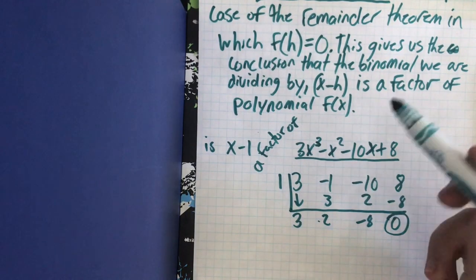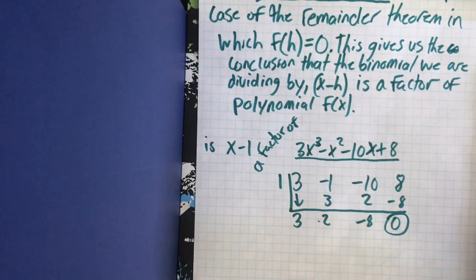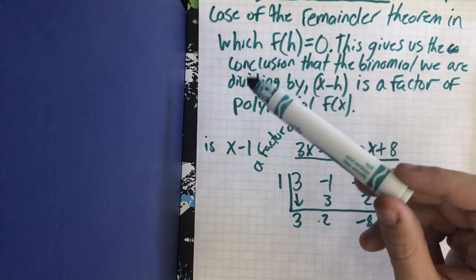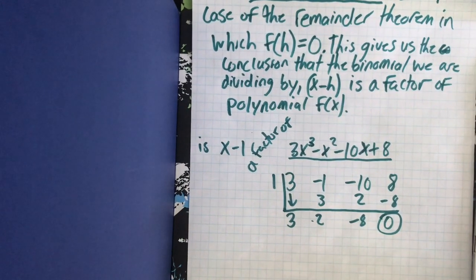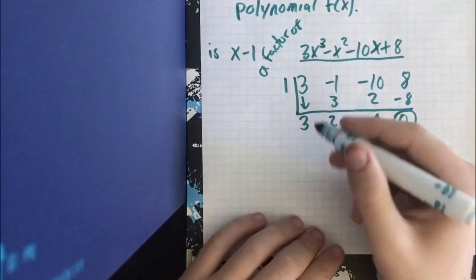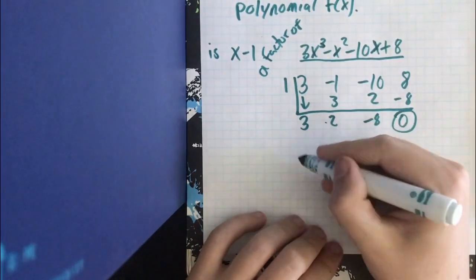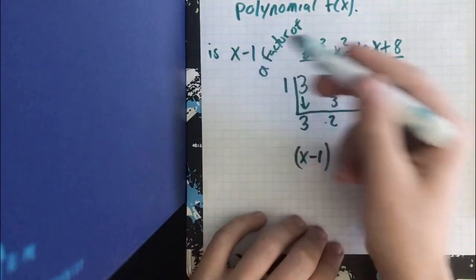So therefore, 3x cubed minus x squared minus 10x plus 8 can be factored into x minus 1, or x minus 1 is a factor of that equation. This means that we can simplify this equation, right? So if we were to factor, we have x minus 1. We know that's a factor. We just found that out.